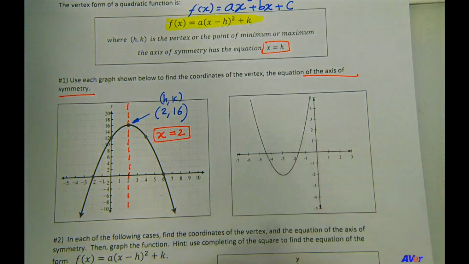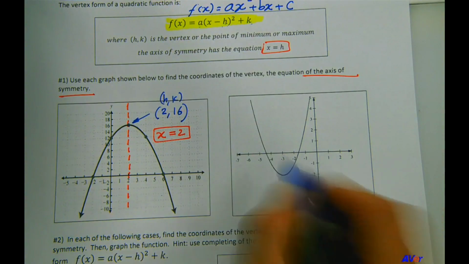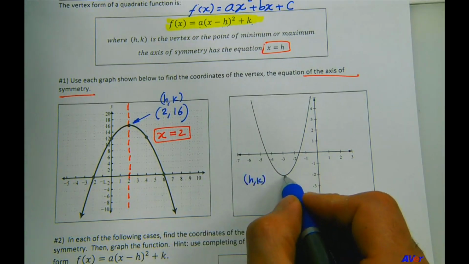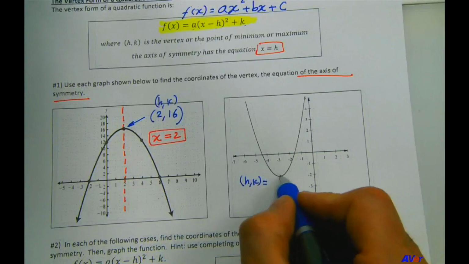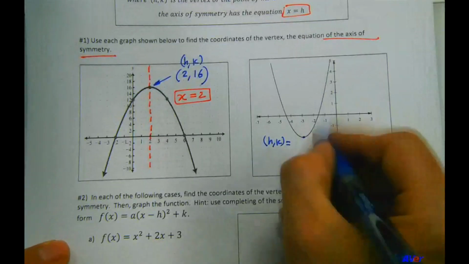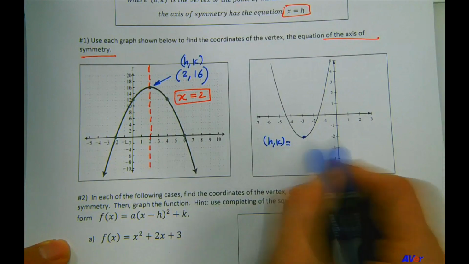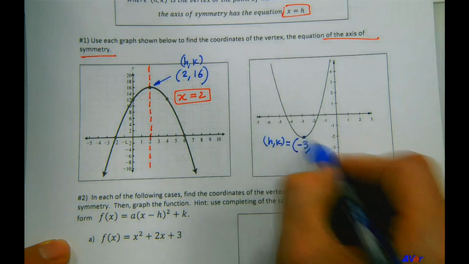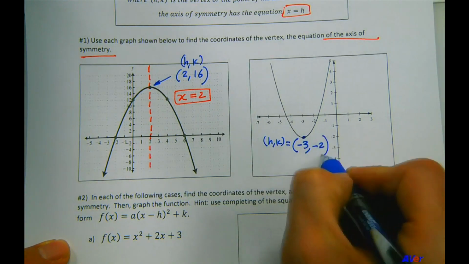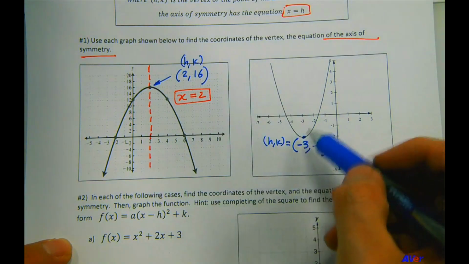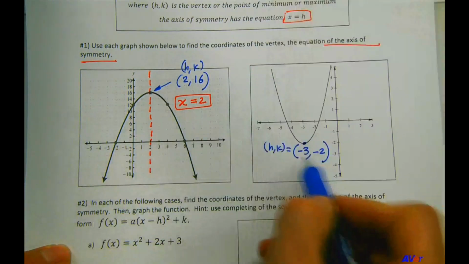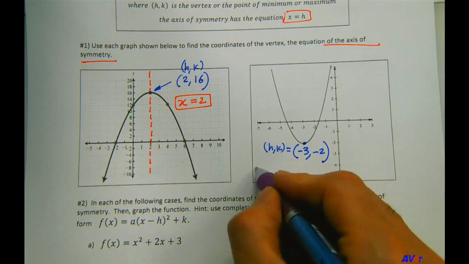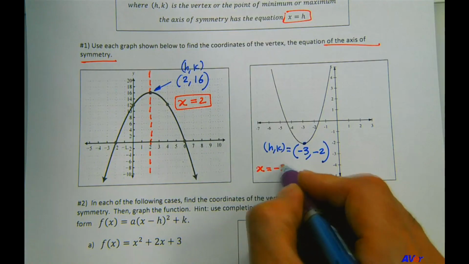And then this one, once again, from the graph, we can read that the h, k, which is that point, is equal to (-3, -2). So the axis of symmetry goes right through the h part, which is equal to -3.